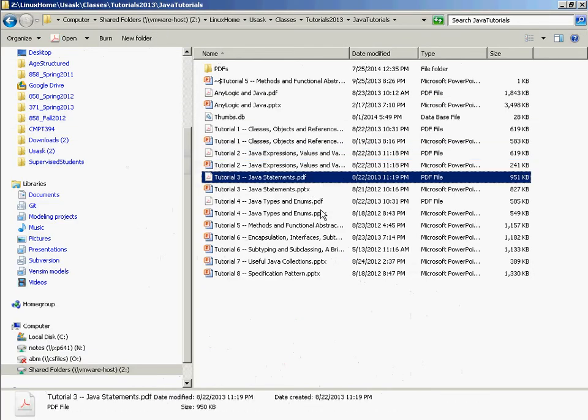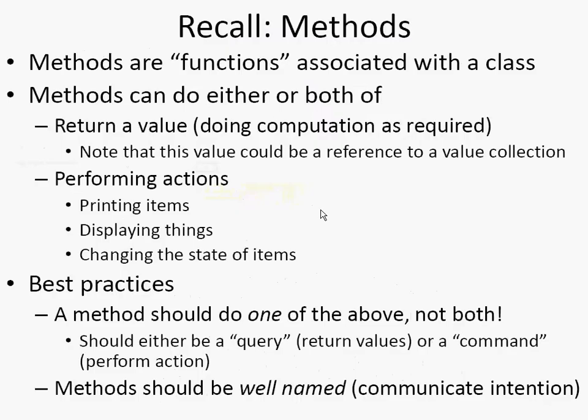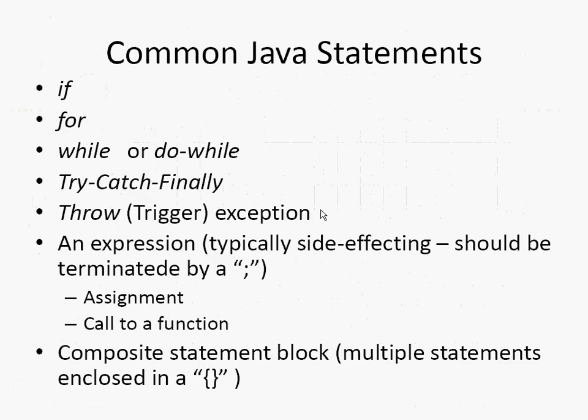We'll then be talking some about not just expressions, but these so-called Java statements. Statements basically represent commands, cases where we ask it to do something for us. They're the things where we need the semicolons.